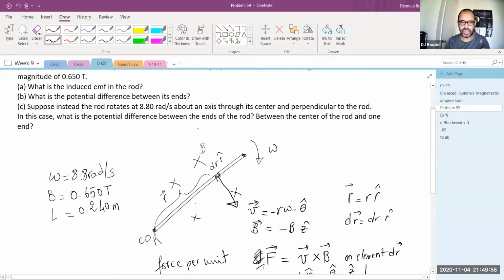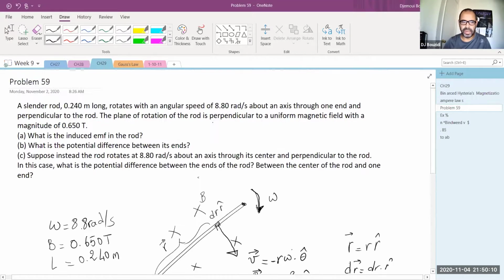So I took the center of rotation here at the bottom of the rod, and I'm assuming that it's going clockwise, which is a bad idea because this is a negative direction for the angles. So this is omega, which is 8.8 radians per second. The rod itself has a length of 24 centimeters, or 0.24 meters.